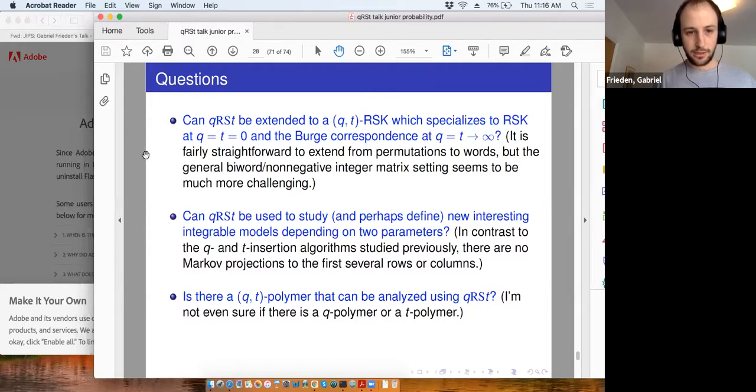Have you thought about taking the Jack limit of your... I'm sorry? Have you thought about taking the Jack limit? We haven't looked at that.